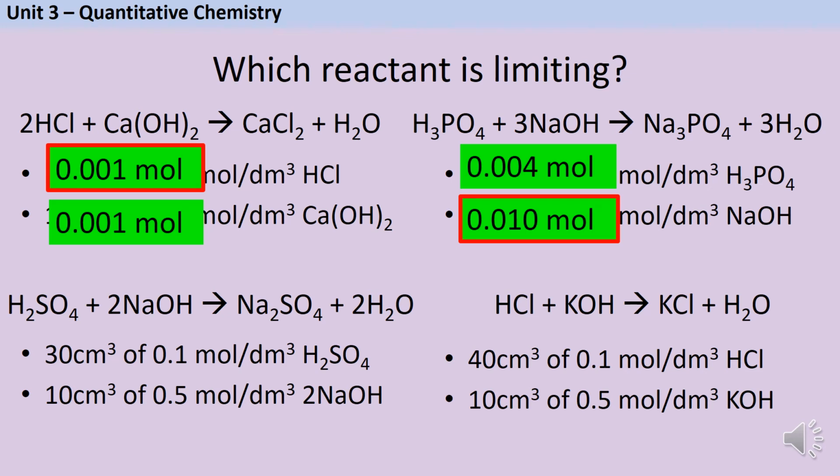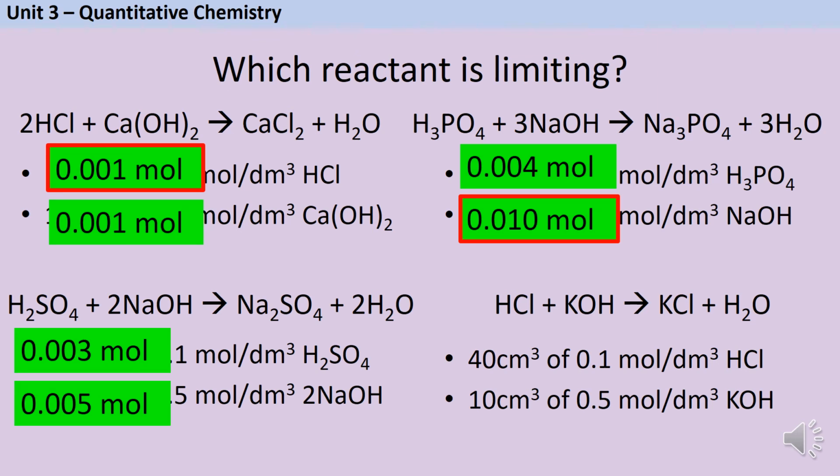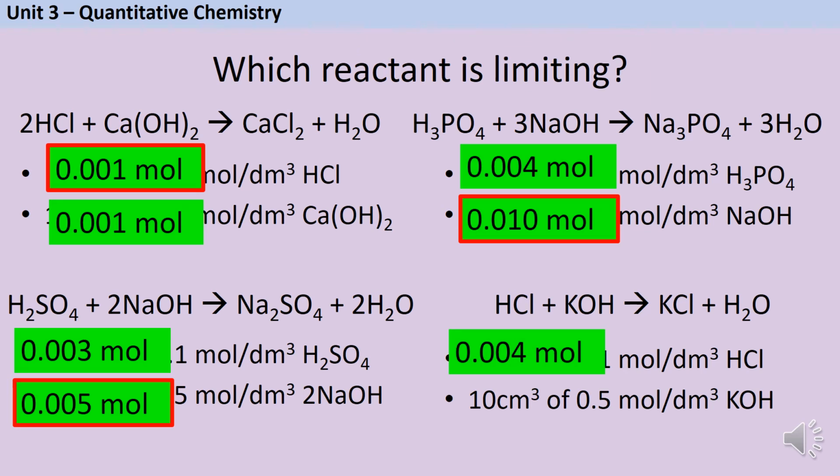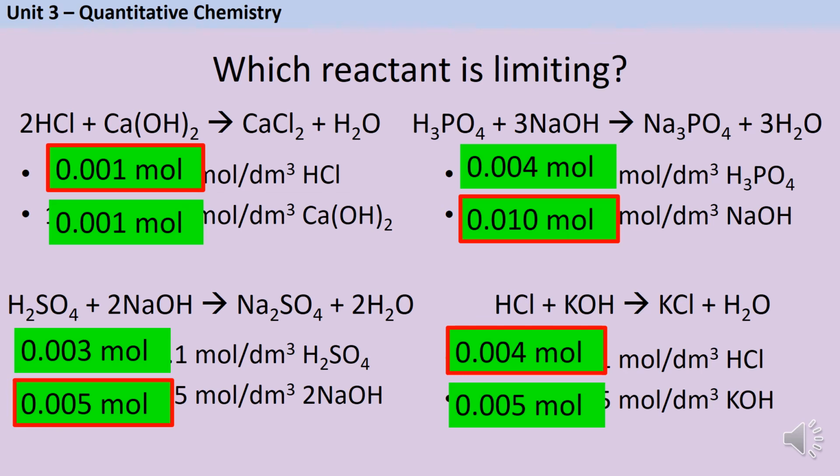If we move on to question 3, we've got 0.003 moles of sulfuric acid and 0.005 moles of sodium hydroxide. I need twice as many moles of sodium hydroxide, and I don't have that, so that is limiting. And then in my final example, I've got 0.004 moles of hydrochloric acid and 0.005 moles of potassium hydroxide, and actually these two do react in a 1-to-1 ratio, so the hydrochloric acid is limiting.